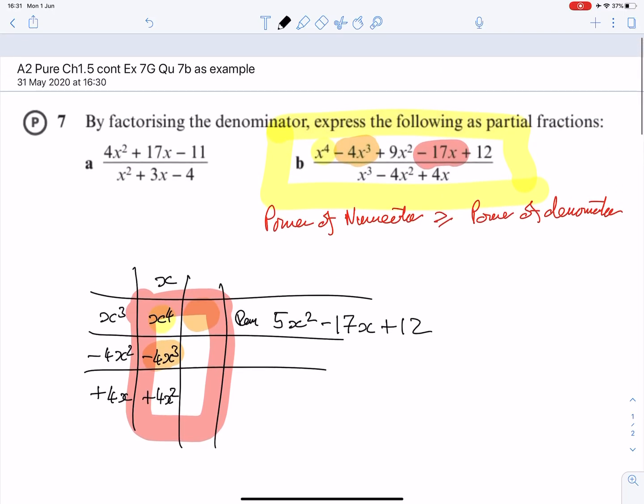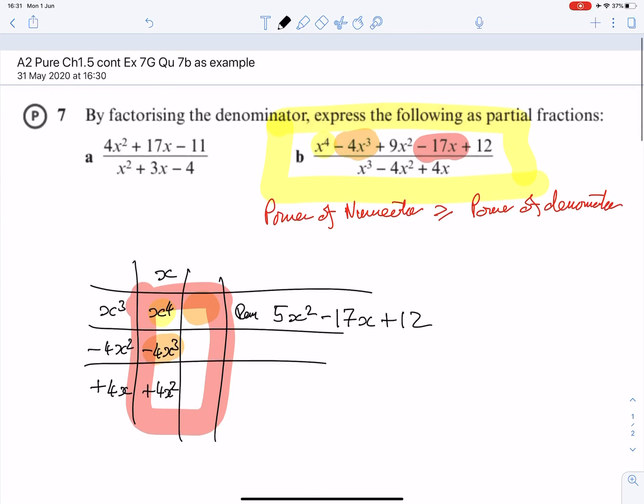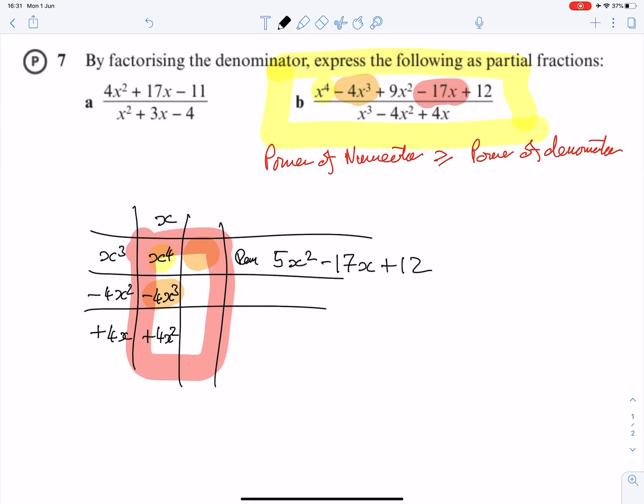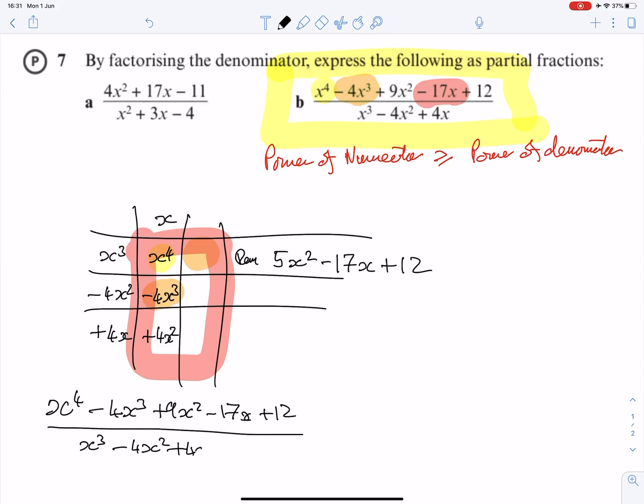So we've now got x to the 4 minus 4x cubed plus 9x squared minus 17x plus 12 over x cubed minus 4x squared plus 4x is identical to x plus 5x squared minus 17x plus 12, which still needs to be divided by x cubed minus 4x squared plus 4x.